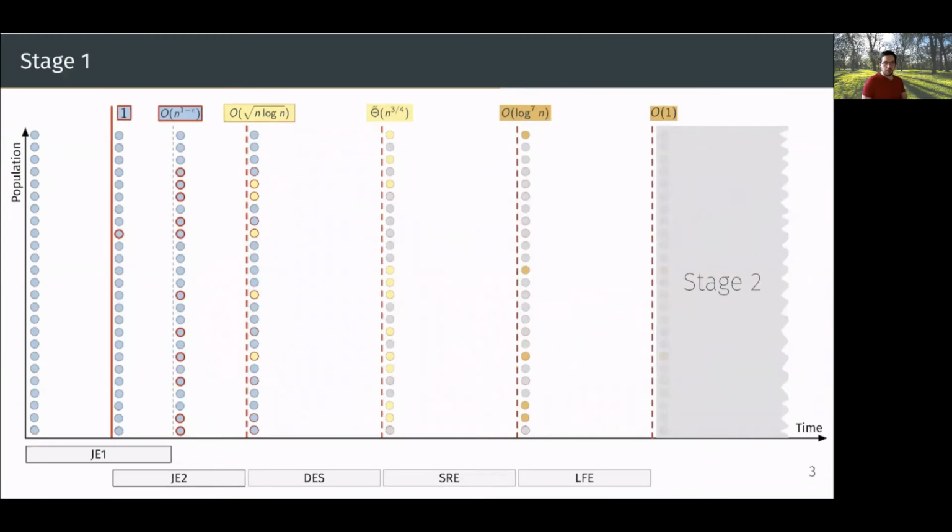In the beginning of stage 1, we do something which is very common nowadays in population protocols. We first elect a junta of marked nodes, which has size roughly n to the 1 minus epsilon. This can be used to create a phase clock to synchronize all of the agents throughout the execution of our protocol.